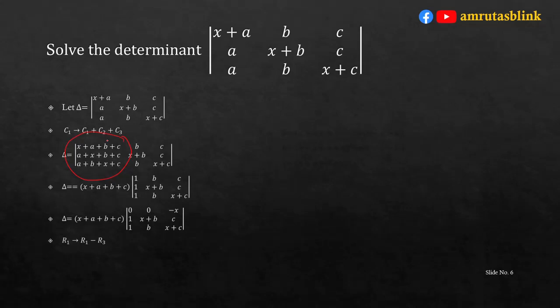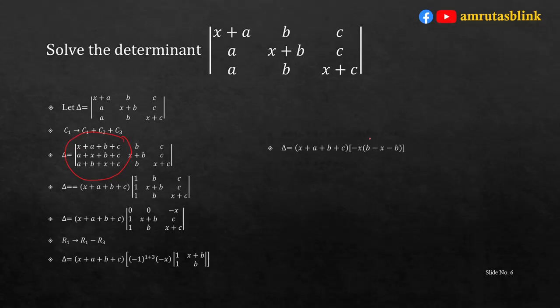This operation we have done by R1 becoming R1 - R3. Now, we will expand this determinant along the first row. So, x + a + b + c into (-1)^(1+3) into -x into determinant 1, x + b; 1 and b.